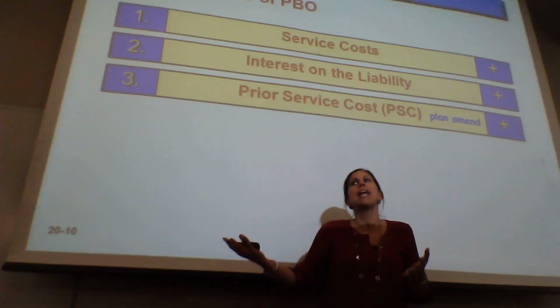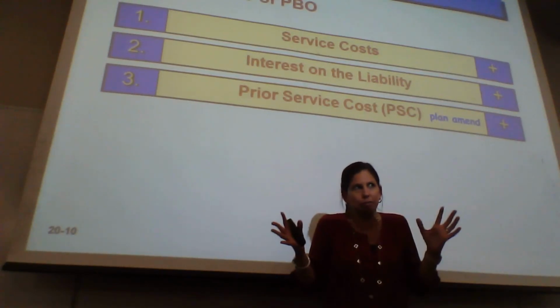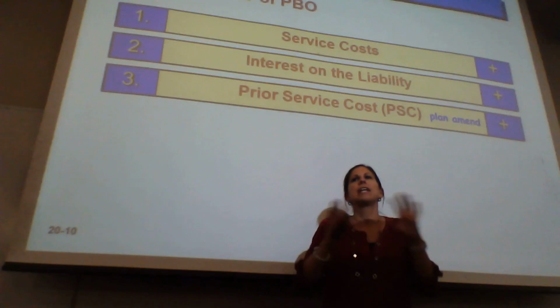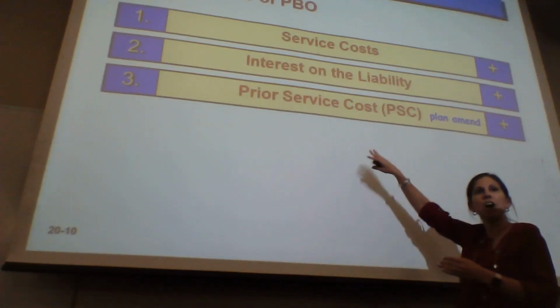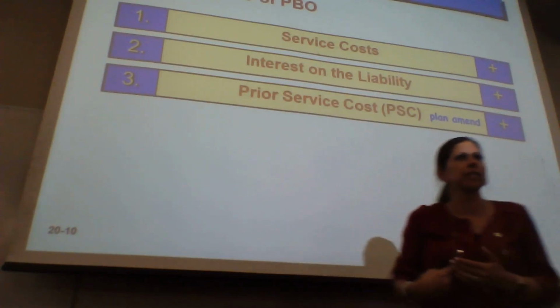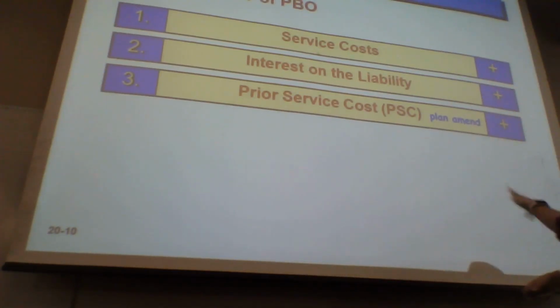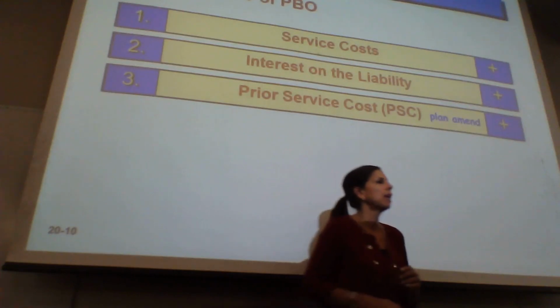If we didn't do that, it would really lower employee morale and get people really annoyed, right? So they don't want to do that. So they apply it retroactively, but they incur a prior service cost to apply that change retroactively to their current employees. All right, so we'll talk about how to handle that, but when we have a plan amendment, it is generally going to increase the obligation.